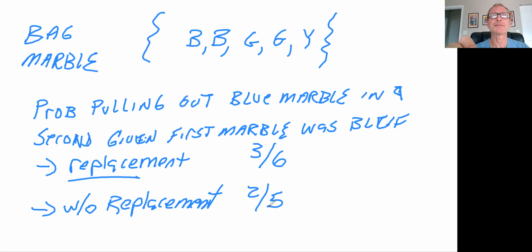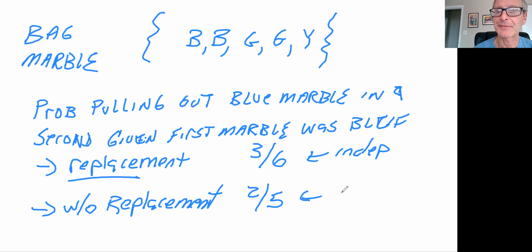So in this case, with replacement, this is an independent event because it doesn't matter what happens to the first one. Since you put it back in there, it could have been a green marble or a yellow marble, doesn't matter.